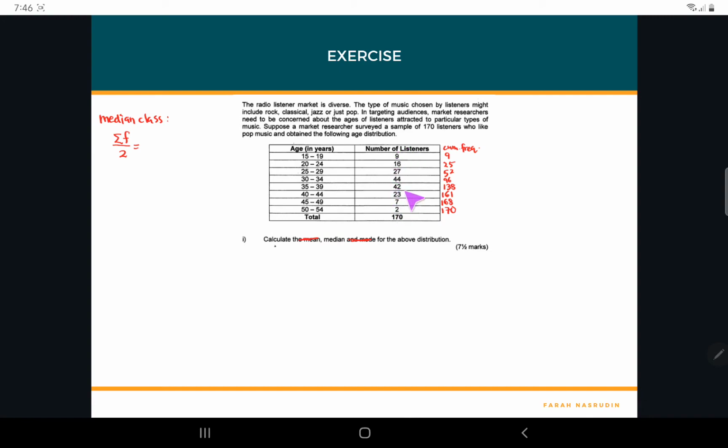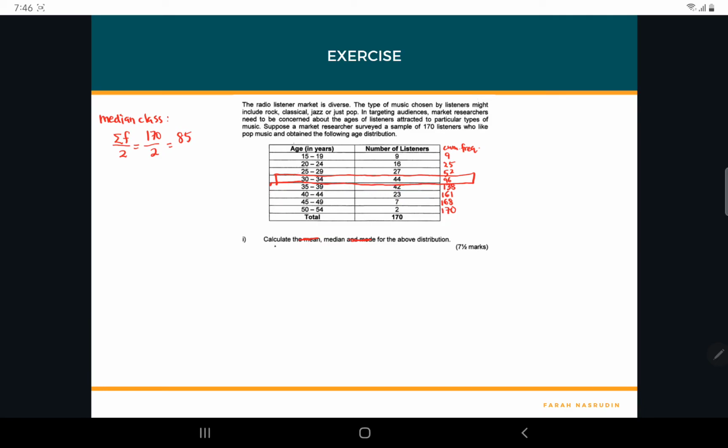So this is our f, the total of f is 170, meaning that 170 divided by 2 equals 85. So 85 is located here, in this class interval. So this is our median class.